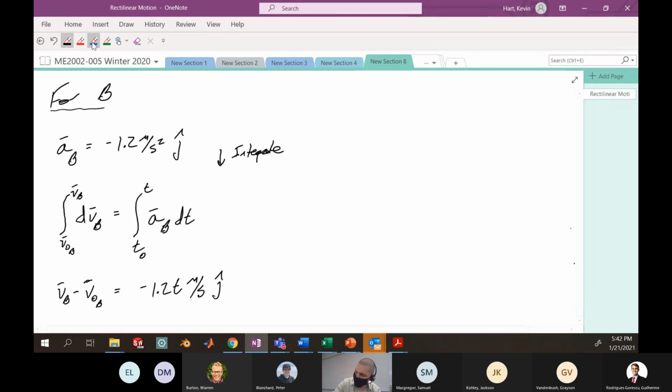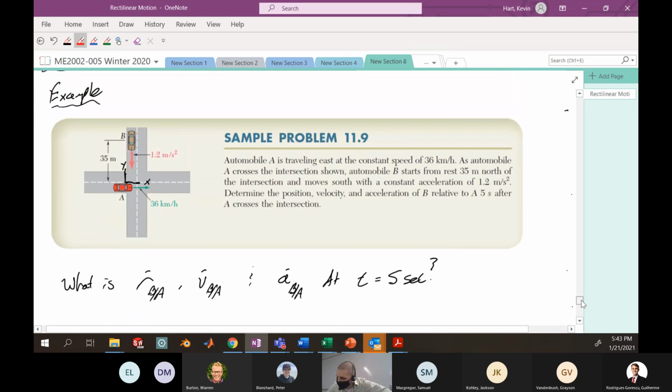So if I'm interested in the velocity as a function of time of car B, I need the initial velocity of car B. Fortunately, in the problem, I'm told the automobile starts from rest.